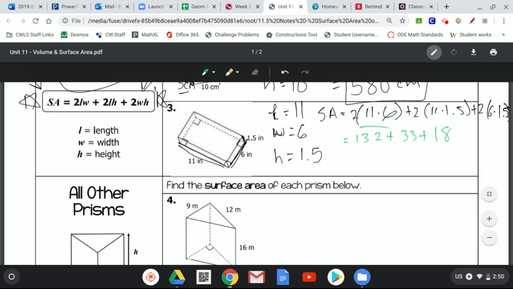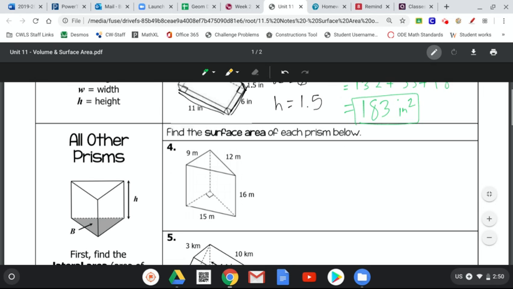Okay, it'd be good to double check and do that in your calculator to make sure you're getting the right answer. And then add these 3 numbers together, which gives you 183. And that is inches squared. So that is the last one for number 3.